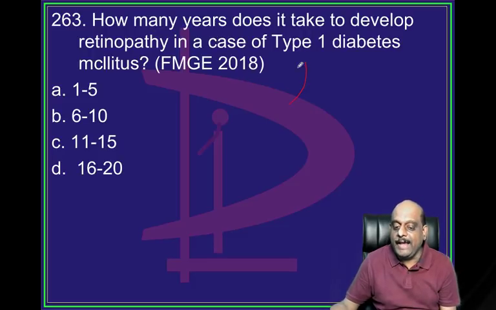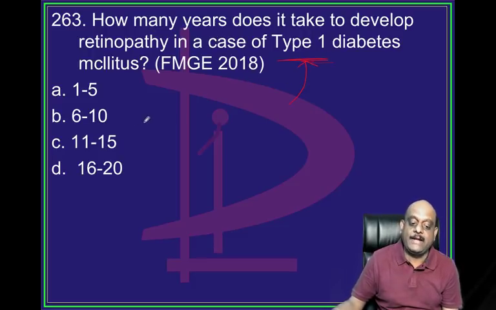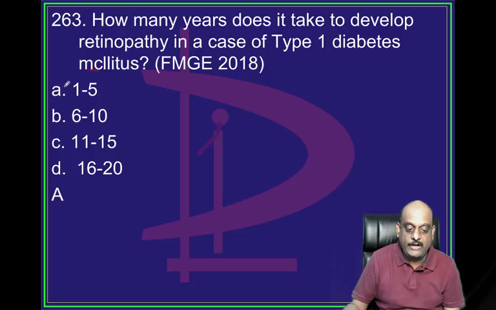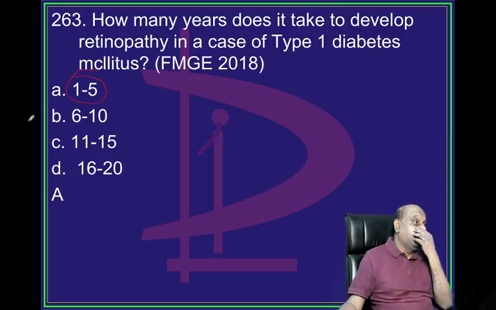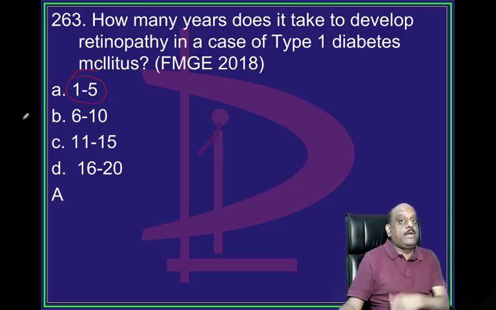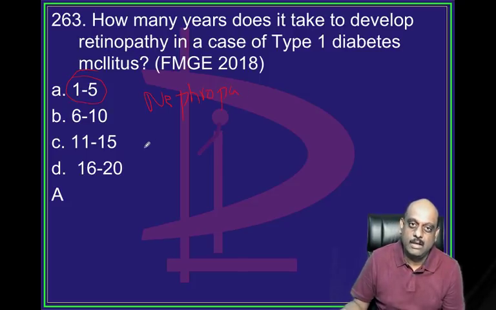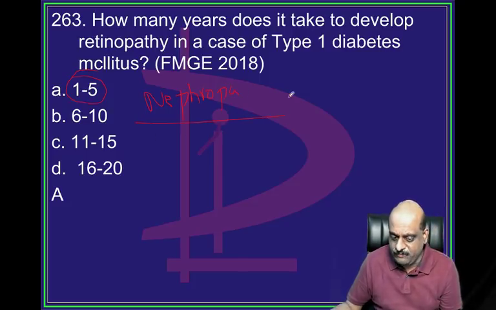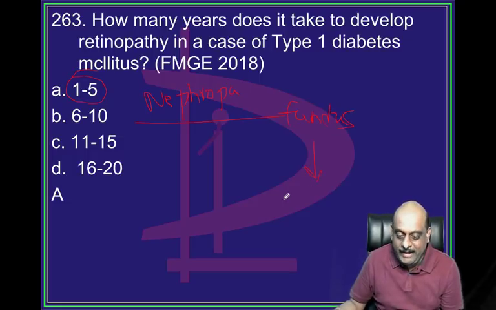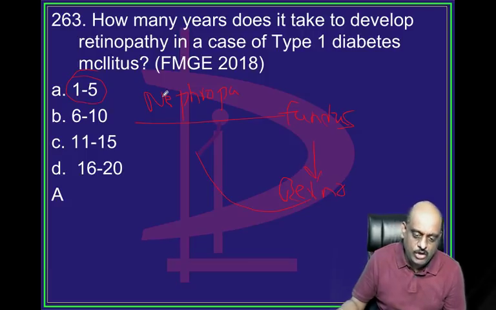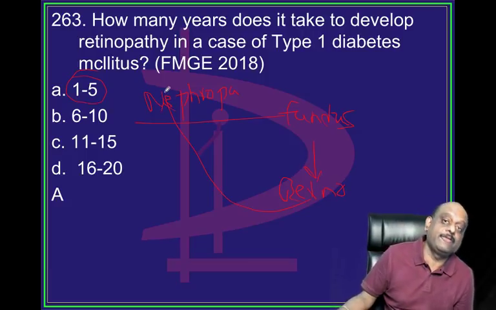How many years does it take for retinopathy to appear in type 1 diabetes? 1 to 5 years. What is the very important rule, doctor? Whenever nephropathy is there, please check the fundus. There must be retinopathy in the fundus to call it diabetic nephropathy.